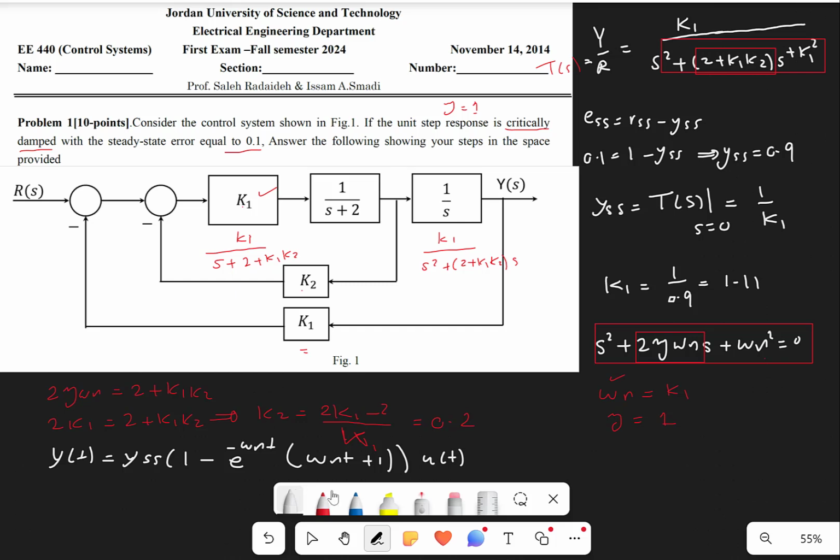Now if we substitute, we have omega n and we have y steady state, so this will equal 0.9 multiplied by 1 minus exponential minus 1.11 t multiplied by 1.11 t plus 1, u of t. So this is the answer for the first question.